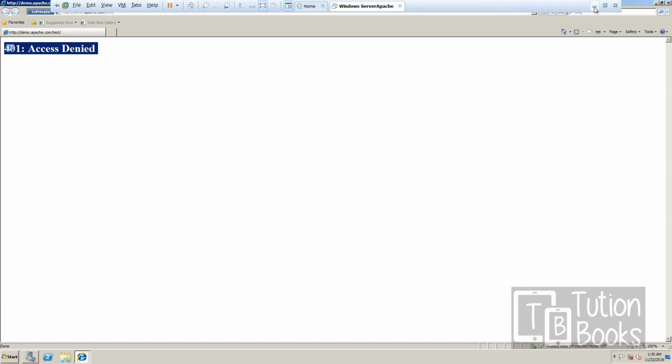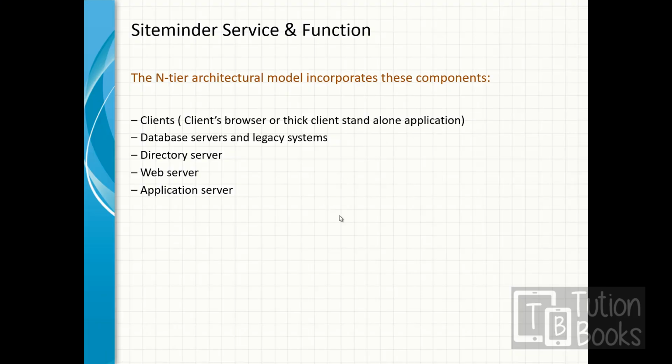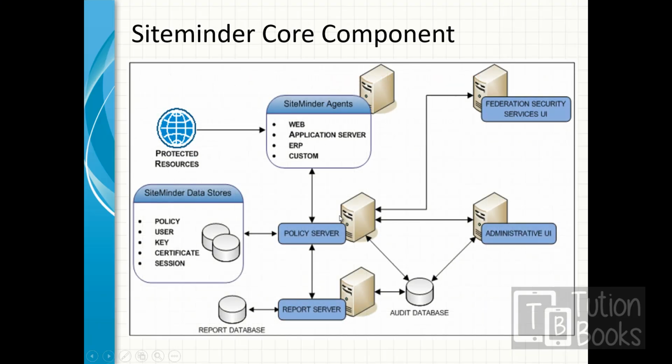We'll see what all core components SiteMinder has and how all those core components are connected to each other. So if I have SiteMinder with me, then the SiteMinder core components will contain the following. First thing is my protected resource, for which I am implementing SiteMinder and protecting my resources.